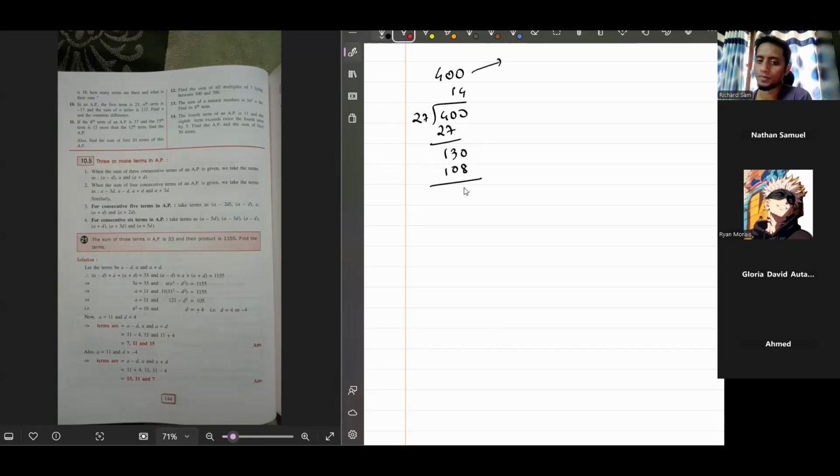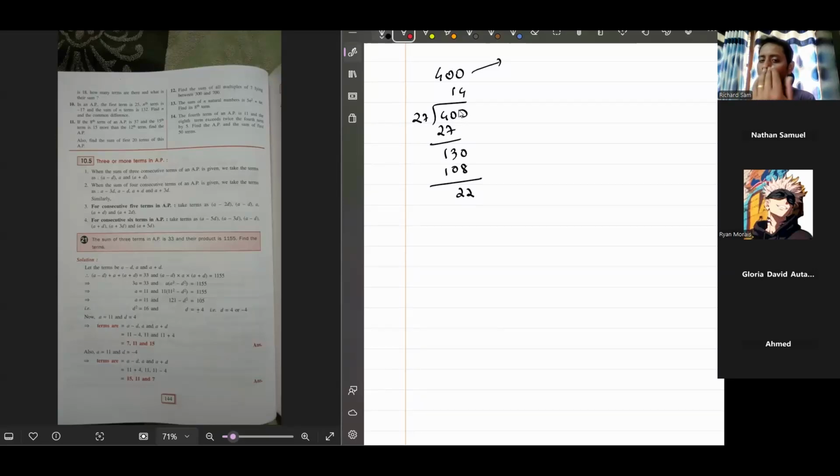Remainder 22. See, the remainder came 22. That means is 400 in 27 tables? No. If 400 was in 27 tables, then the remainder would be 0. But now there's a difference of 22, that is the remainder.